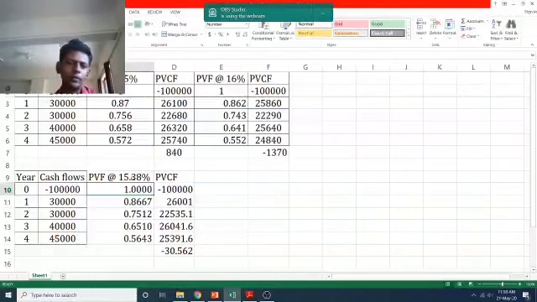So at 15.38 percentage, the net present value has become negligible, that is minus 30 rupees.